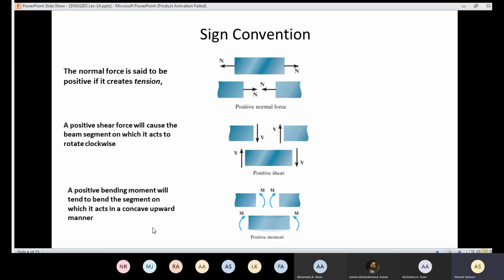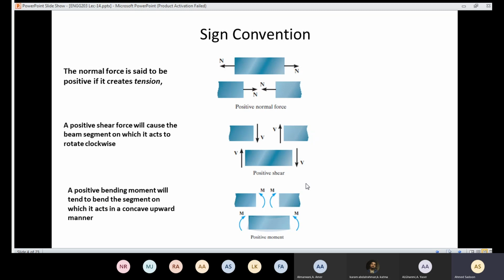And finally, for the moment, we are going to say that a positive bending moment will tend to bend the segment in a concave upward manner. So again, if you cut here, in order to bring equilibrium, the moment is going to be like that, and the moment is going to be like that.